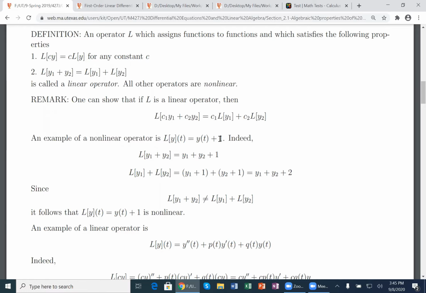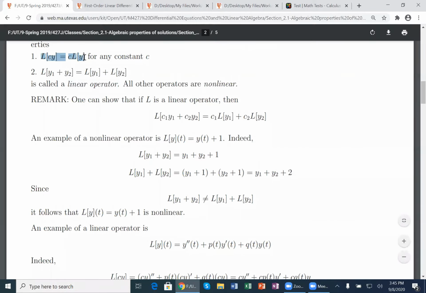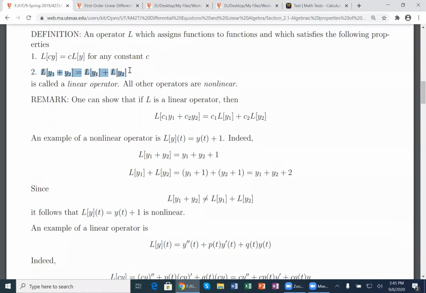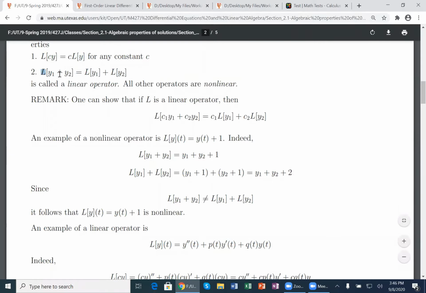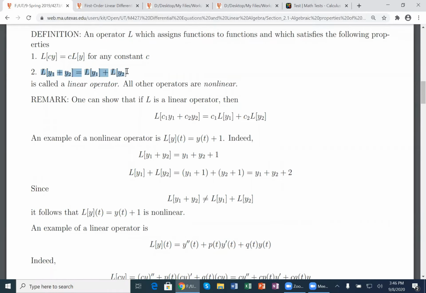How do we prove that this is not a linear operator? Well, a linear operator is an operator that satisfies both property number 1 and property number 2. Therefore, if our operator fails at least one property, this is not a linear operator.